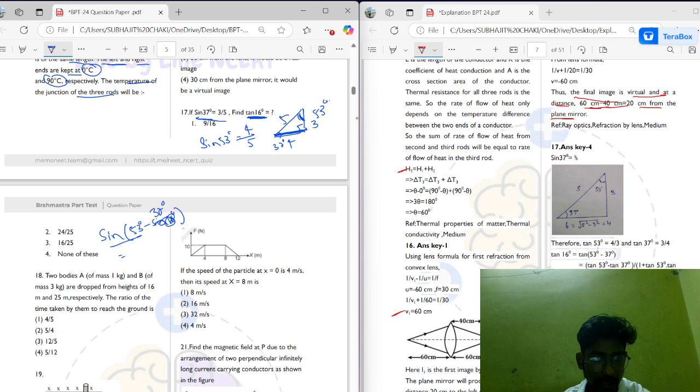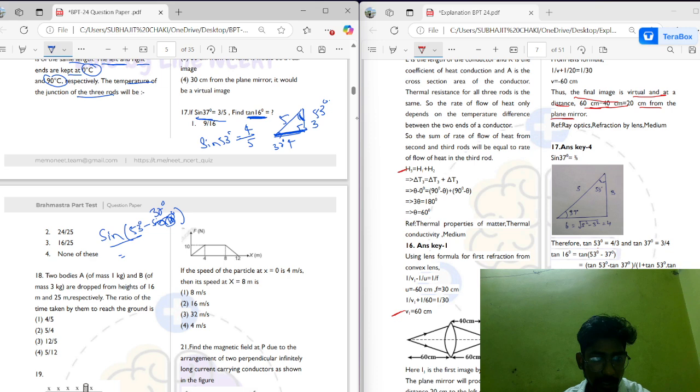Now 2 into 2 pi root 2 I by d. The root will be here only. 2 root 2 at the top, if you multiply with 2 root 2, then 2 root 2 by 4 means root 2 only. So root 2 will be there, therefore option number 1 will be the correct option here.